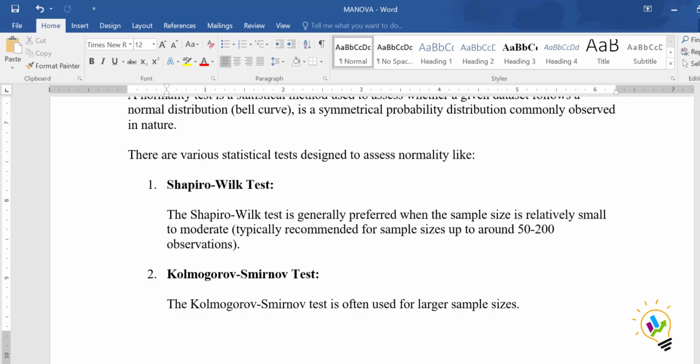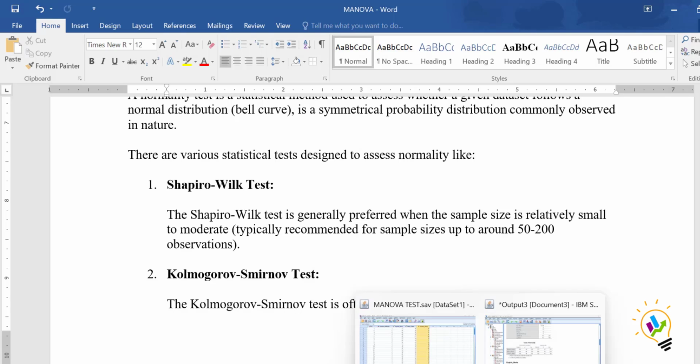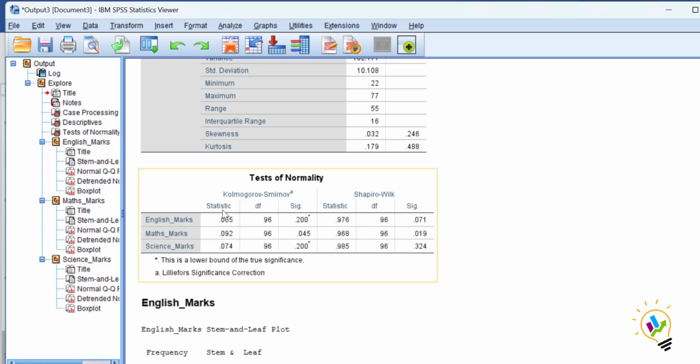So let us go to the output screen once again and see the test. So the Shapiro-Wilk test we need to check. For English marks, if you see, the significance value is 0.071. Mathematics marks 0.019 and science marks 0.032. So is the normality there?